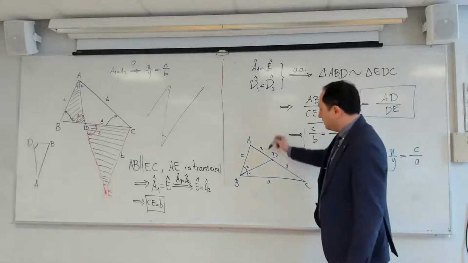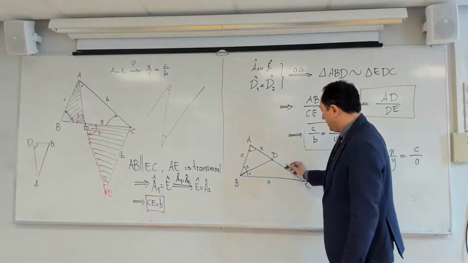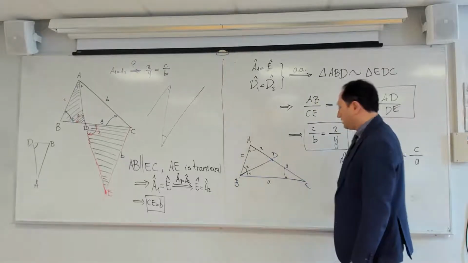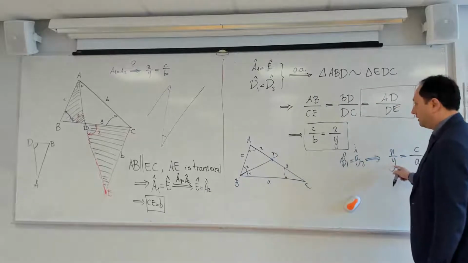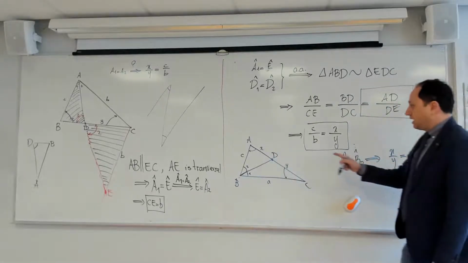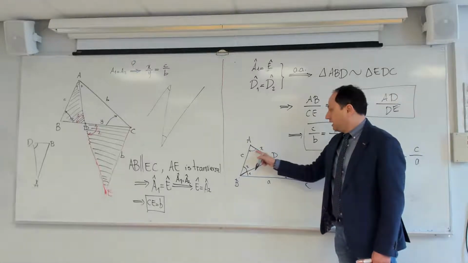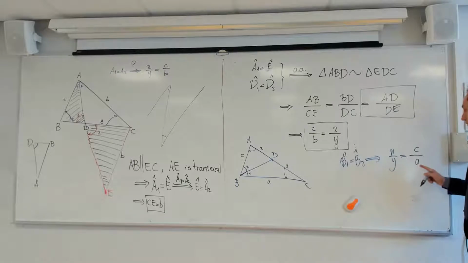Because X is adjacent to this side, Y is adjacent to this side. So if you write X over Y, you also have to write the adjacent sides. If I ask you which side is adjacent to X, you would say C. And if you say which side is adjacent to Y, you write A. So this is the correct way, yes?